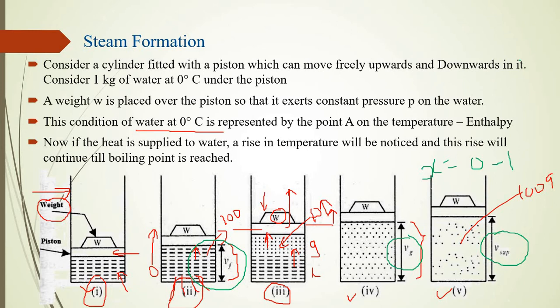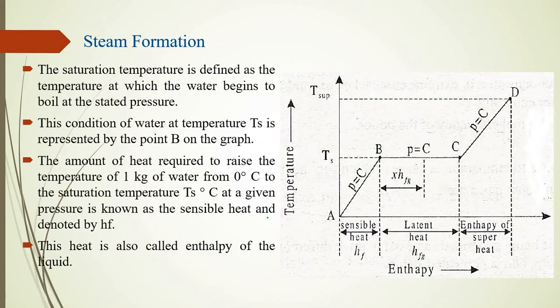Well, this description also notes the steam formation. Next, we start steam formation at 0 degrees centigrade. Here point A is noted as 0 degrees centigrade, point B is noted as 100 degrees centigrade in the form of liquid or water.